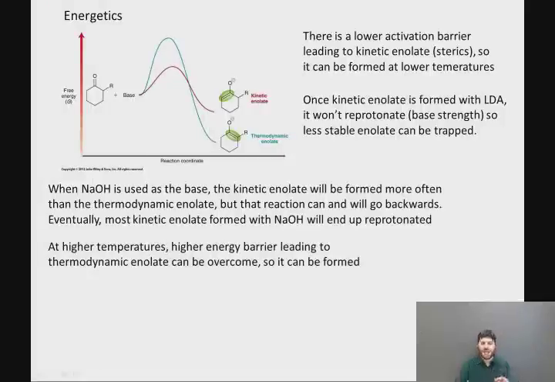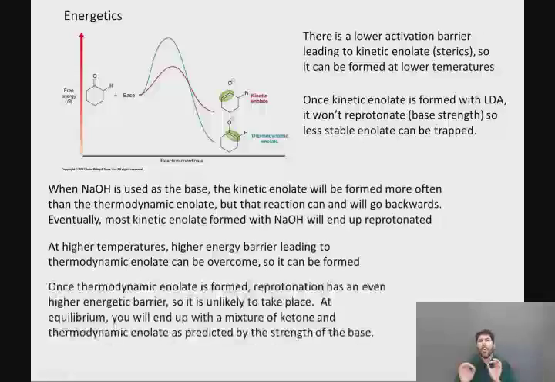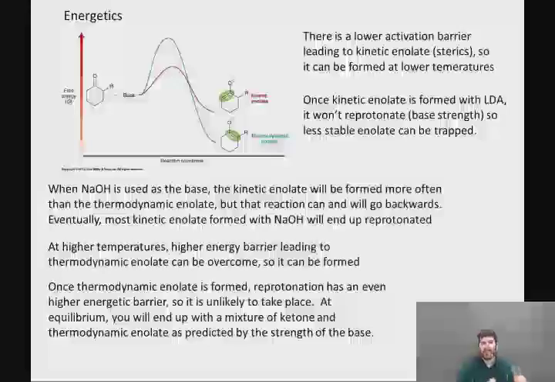At higher temperatures, so you see the energy barrier leading to the thermodynamic enolate is higher. At higher temperatures, you can overcome that higher energy barrier, and you can get to the thermodynamic enolate and form it. Once the thermodynamic enolate has been formed, reprotonation going backwards has an even higher energy barrier. So it is unlikely to take place.